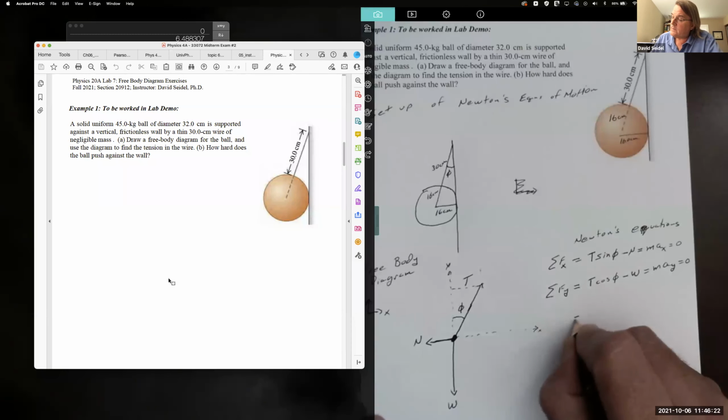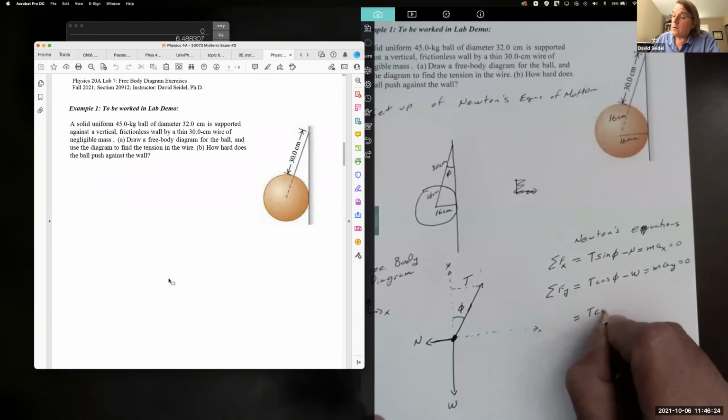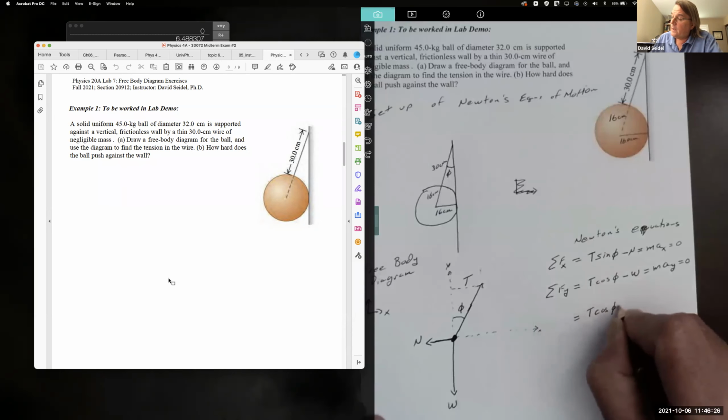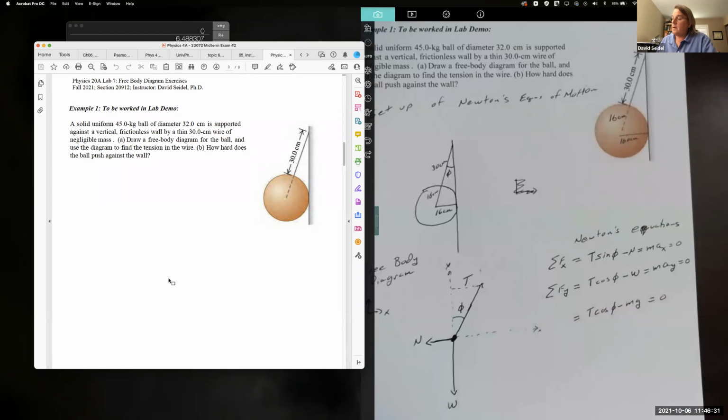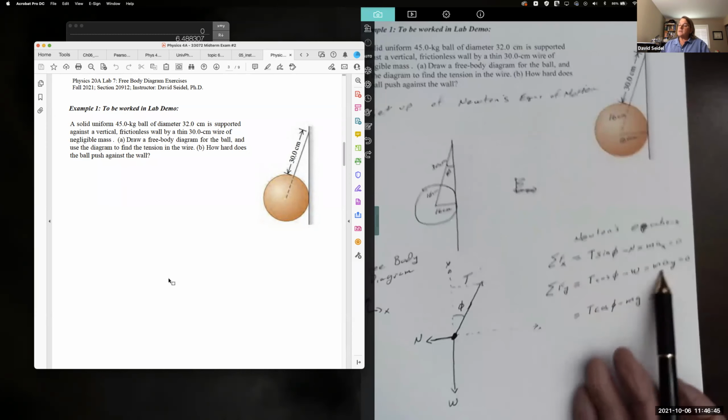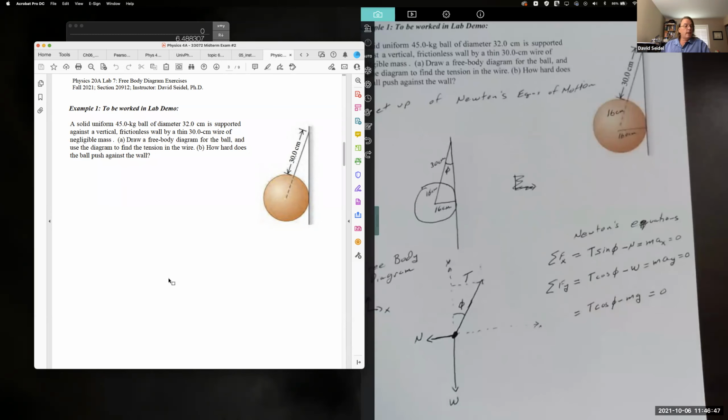Or this is equal to T cosine phi minus mg equals 0. Okay, that's all there is to it. We did the one object and the sum of the force in the X and the sum of the forces in the Y. And the object isn't moving. So this sets up the problem. Now you can go forward and solve for each of these.